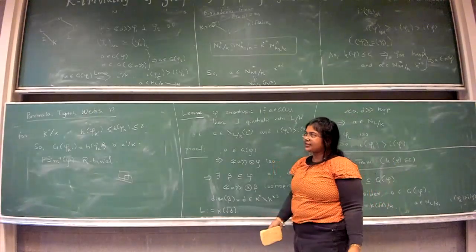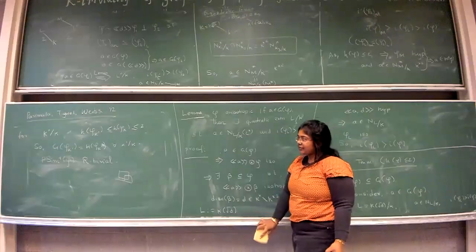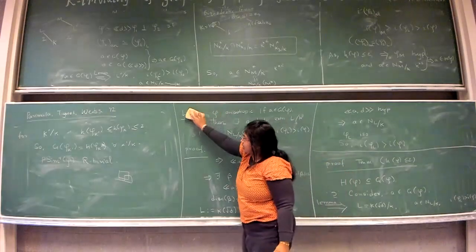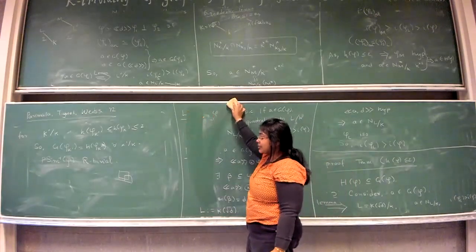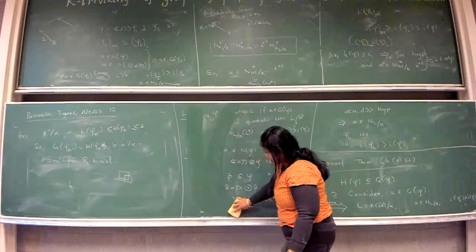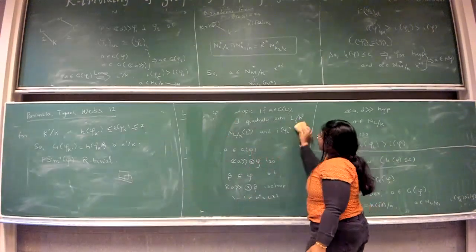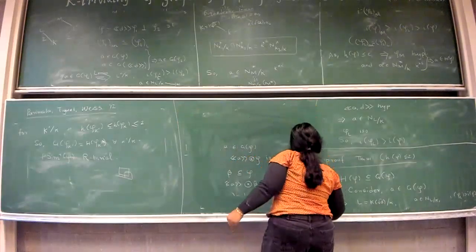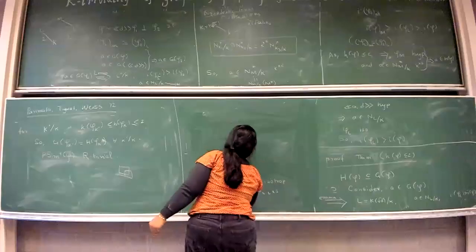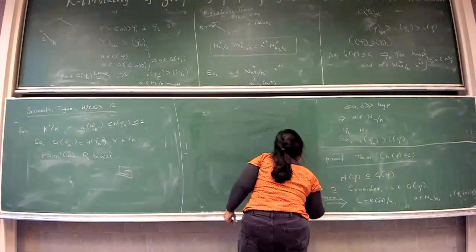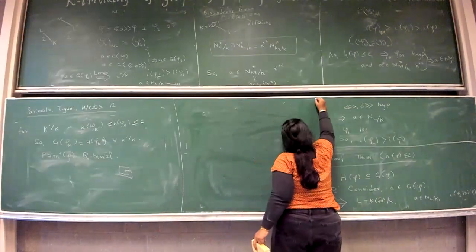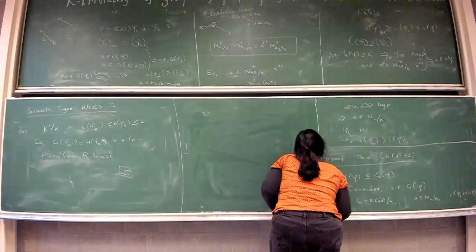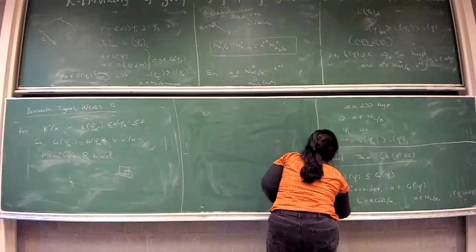Now let's go for some example where we can see that this R-triviality fails, though in some sub-extension this G and H are equal. So for that, first I will define some lambda function. So what is that?